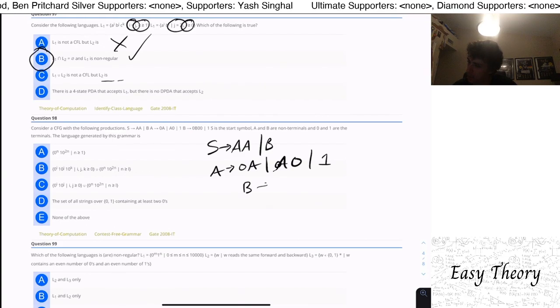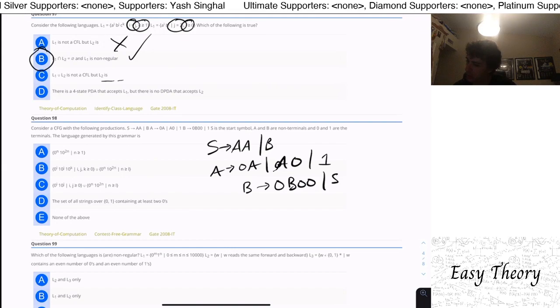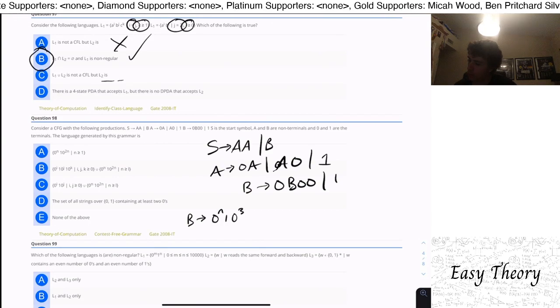Then B goes to 0B0 or S. Oh, no, it's just 1. Okay, so let's see. So B makes 0 to the n, 1, 0 to the 2n. Yep, that's what that is.